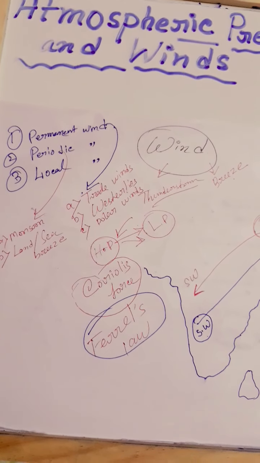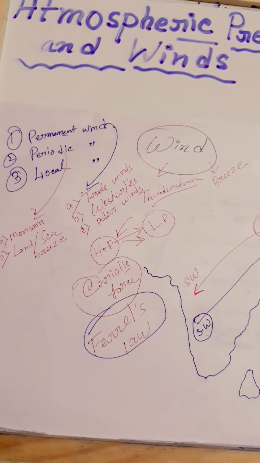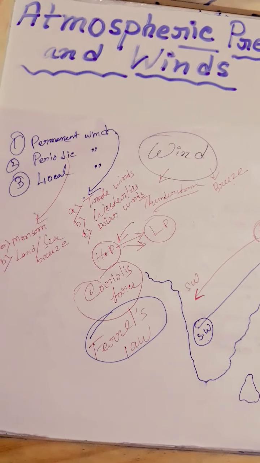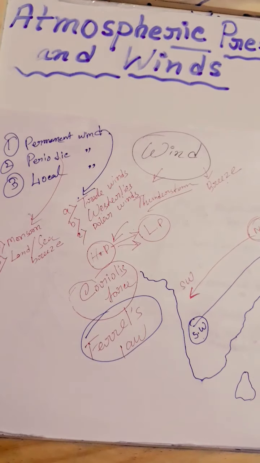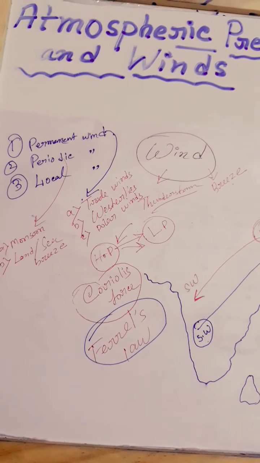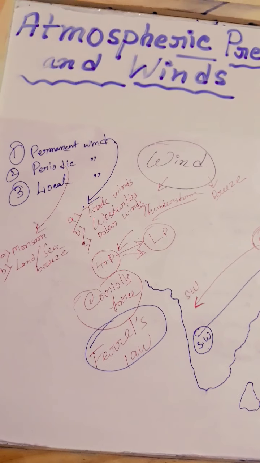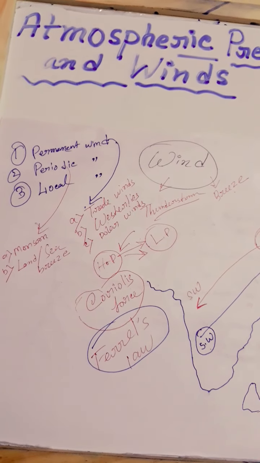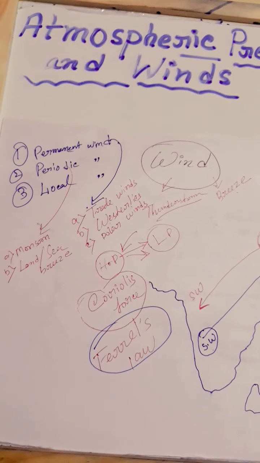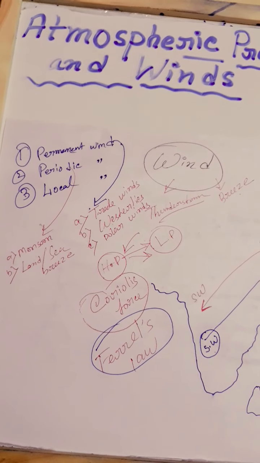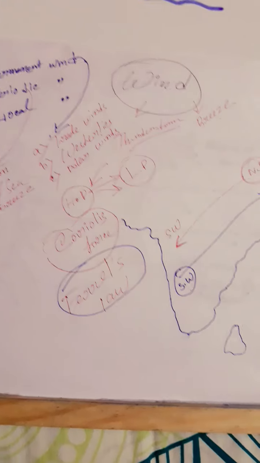The low pressure trough over the Asian landmass pulls the southeast trade winds towards it. As soon as the southeast trade winds cross the equator, they are subjected to the Coriolis force and are deflected to the right, because we have read about the Coriolis force and Ferrel's law.